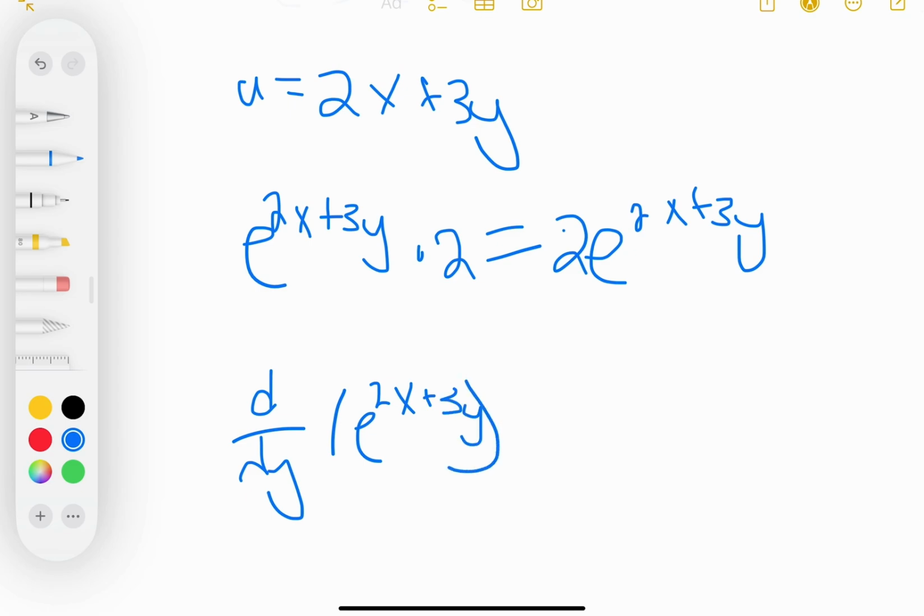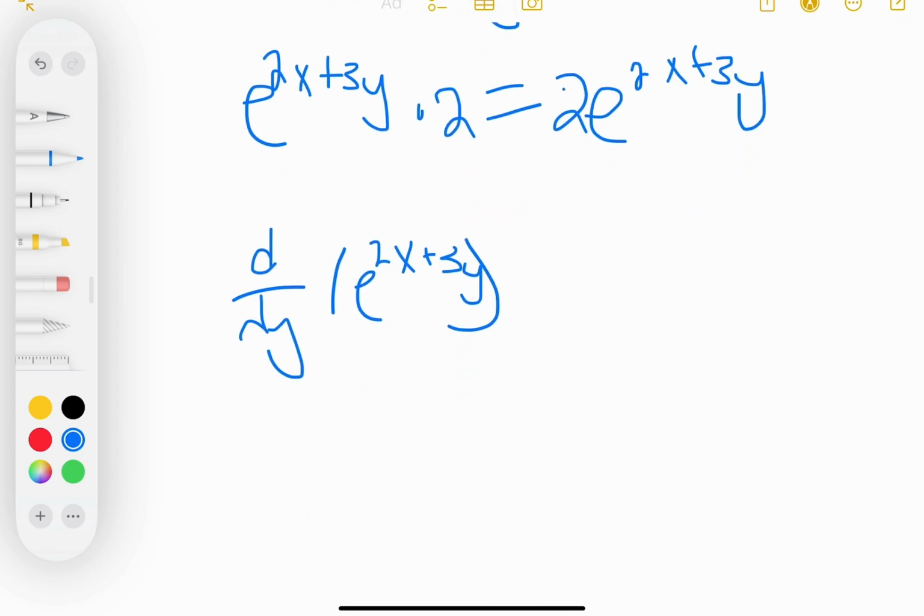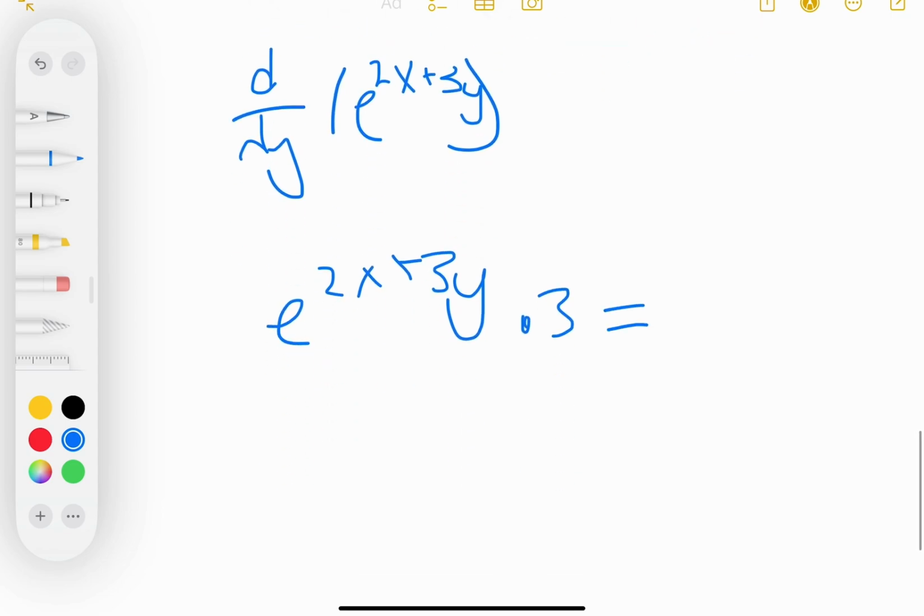Again, the derivative of the exponent is just 3, so we get 3 times e to the 2x plus 3y. Honestly, it's that simple.